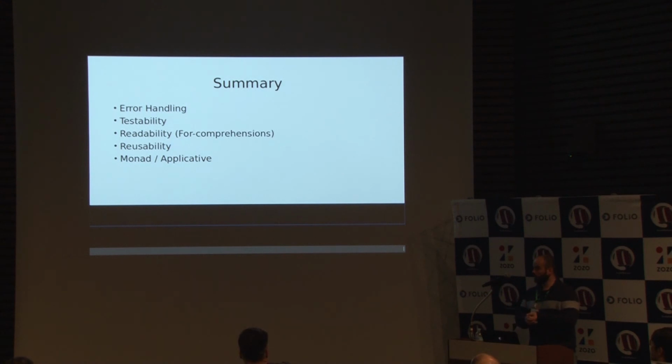We've seen how to increase the reusability by using abstraction. And more importantly, we've lost the fear of monad and applicative. Instead of saying, ooh, those are scary terms, we now think, all right, monad if I want to chain operations, applicative if I want to run them separately. And that's it.